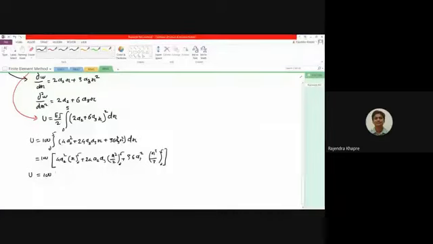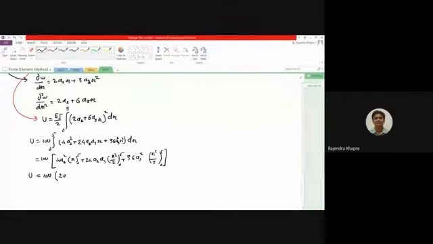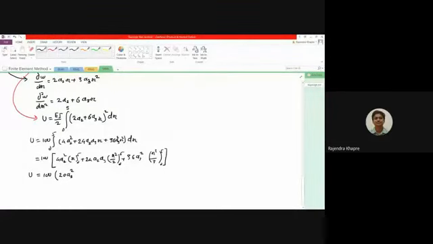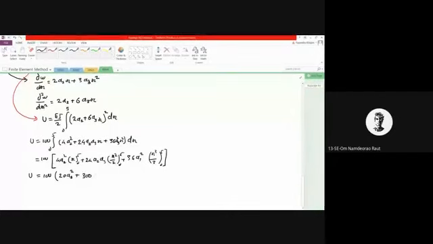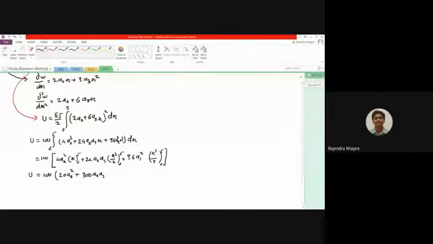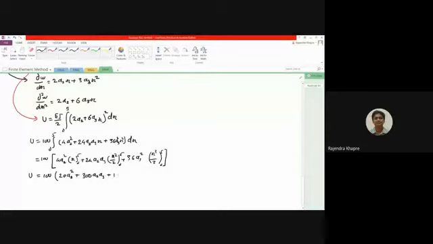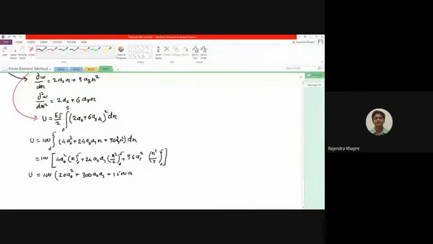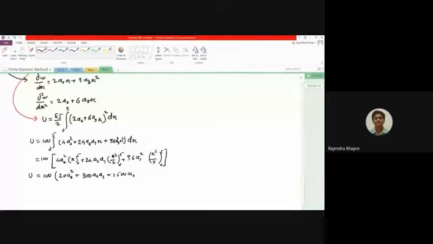This will be 100, which I am taking outside. For 0 to 5, 5 into 4 is 20, so 20 times a2 square, plus 300 a2 a3, plus 1500 a3 square.